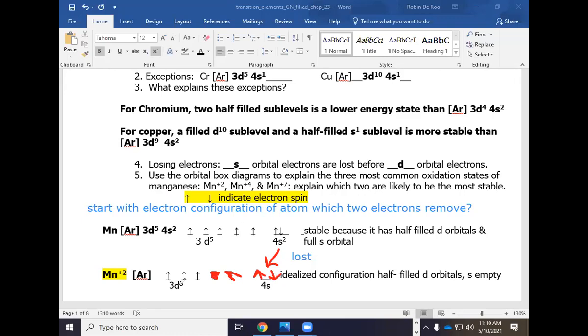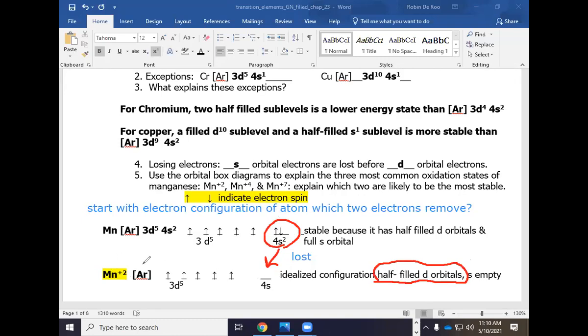That's not the best option. The best option is to remove these 2, because then we have this. That's a better option. That's more stable.